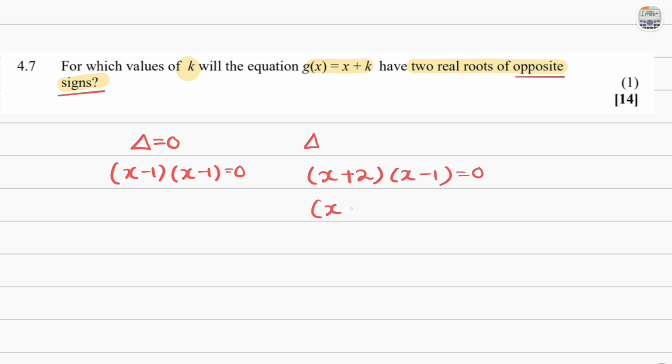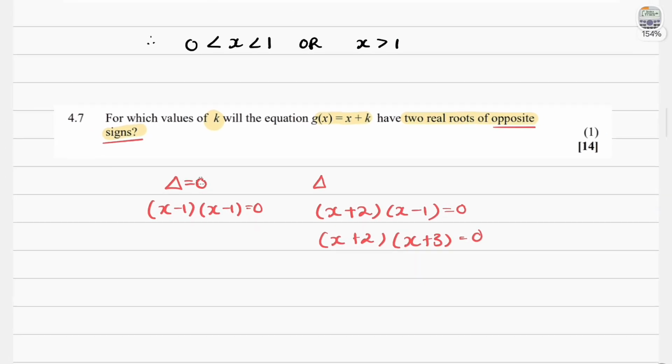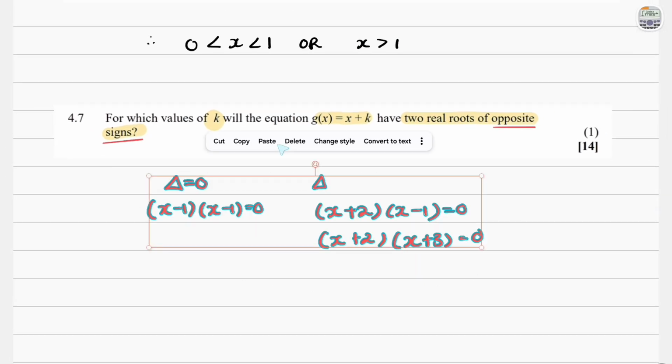But you could also have something like x plus 2 and x plus 3 is equal to 0. You see how these are of the same sign? Because of this, we can't actually control the roots to the point of manipulating their signs using the discriminant. But you can do that on the graph. So we need to break this down and think about what this means.